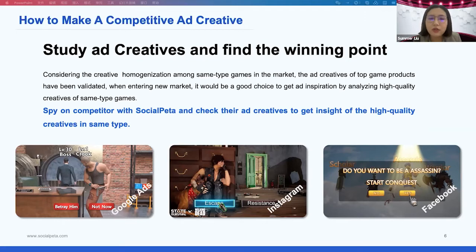They are all strategy games. What we found as a popular element is that they all implement a sense of choice, which will determine the character's destiny. So if you also intend to make a creative for a strategy game, you can try this angle as well.